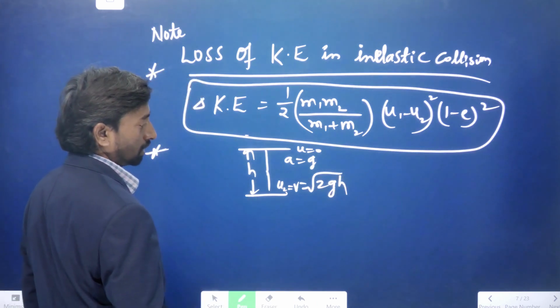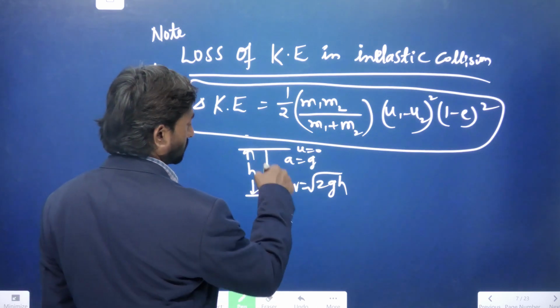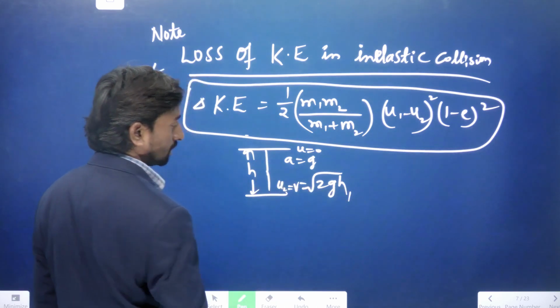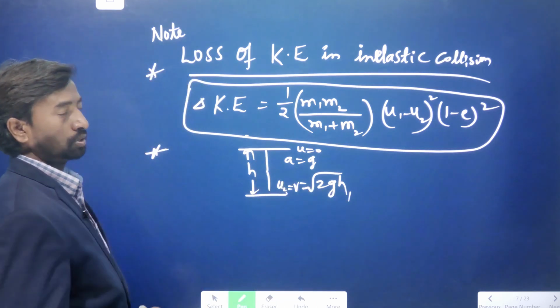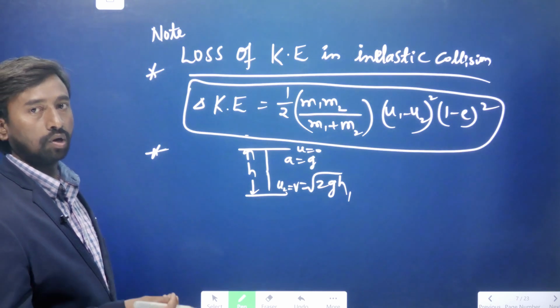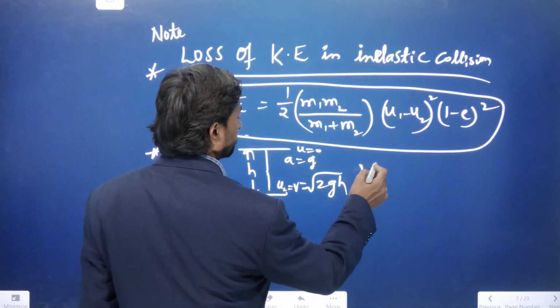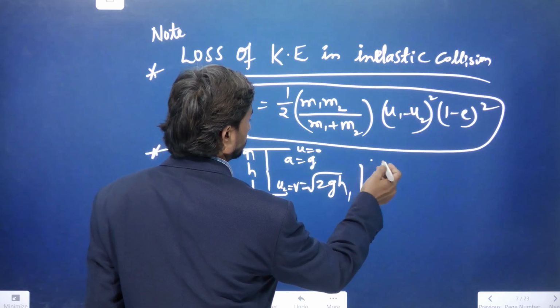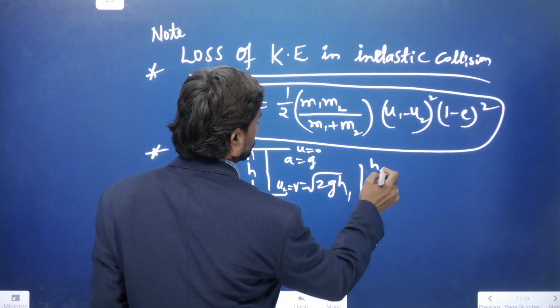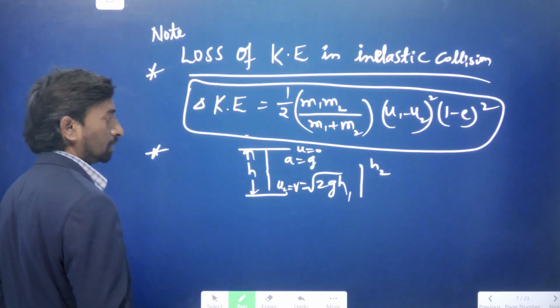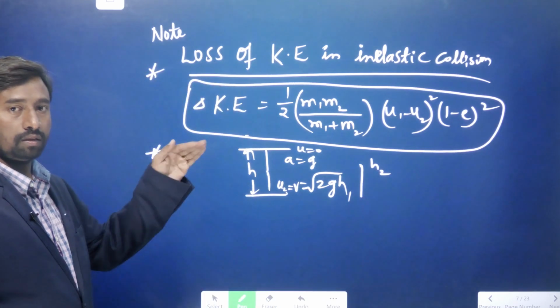This first height we can call h1. In the rebounding case, due to a certain amount of energy being lost, it will rebound to a certain height, that may be h2. With the same velocity it will reach there.